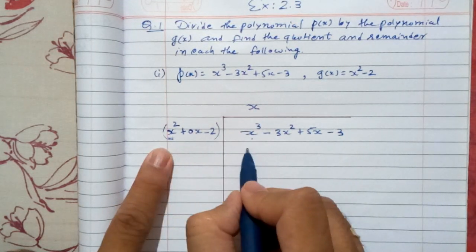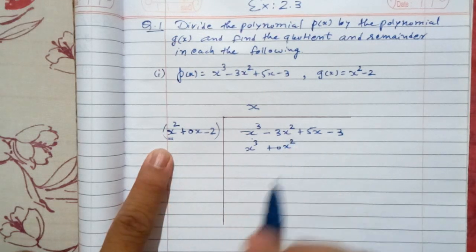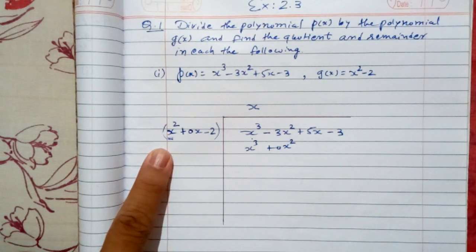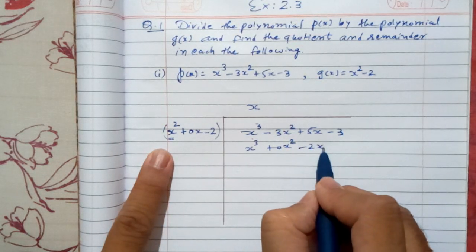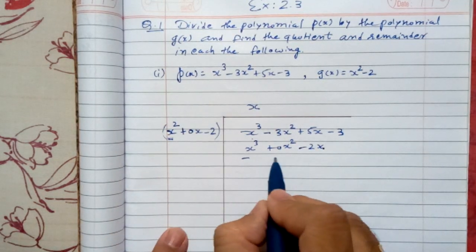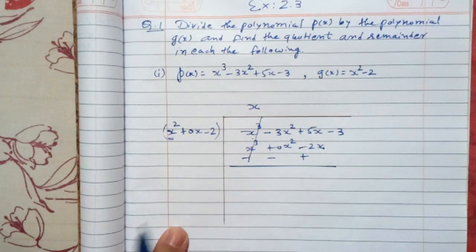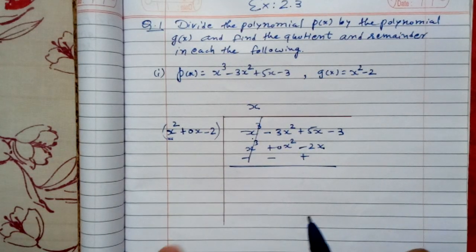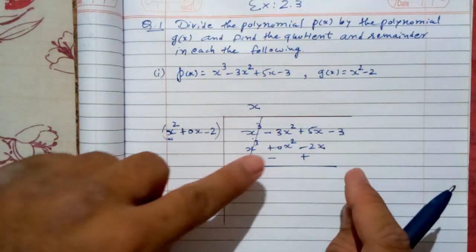So x cube plus 0x square, there is no meaning, it is 0 itself, and with minus 2, that is minus 2x. Opposite and opposite, the first terms will be cancelled. Opposite, here you have to take another sign, but it is 0, so you close this one.